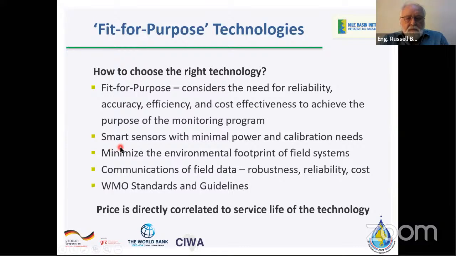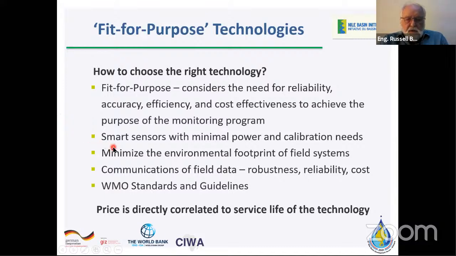What we mean by smart sensors is that there's a microchip embedded in the sensor, and I'm talking about in situ sensors, so this is for ground-based monitoring, that calibrates, checks the performance of the sensor itself, and adjusts for other parameters such as temperature, salinity of water, etc.